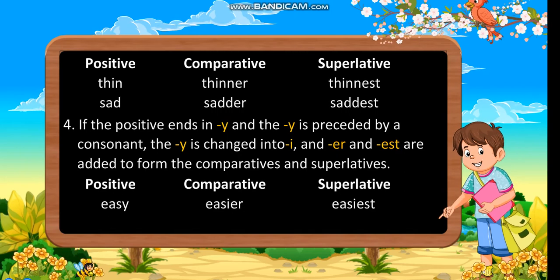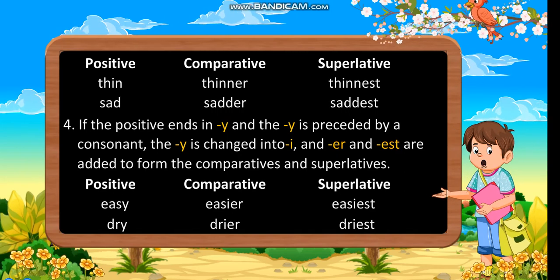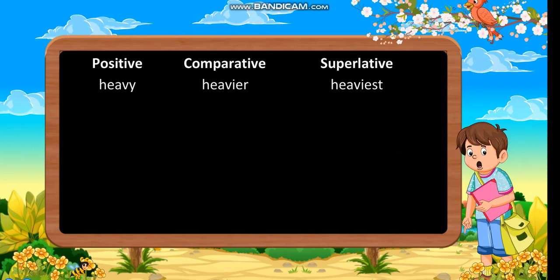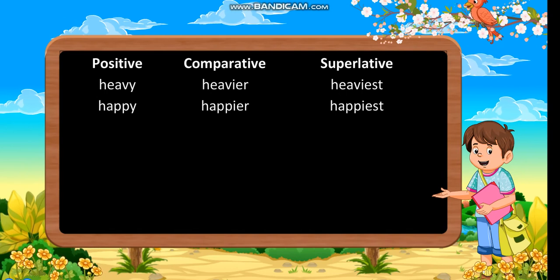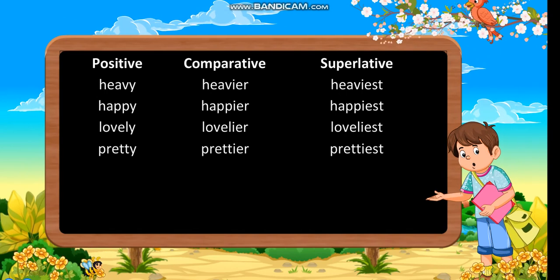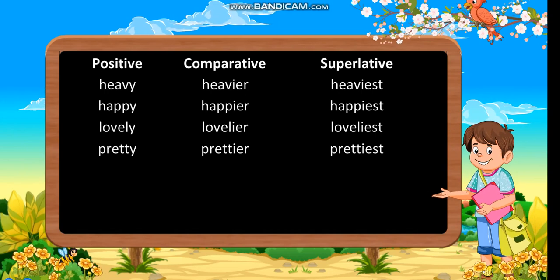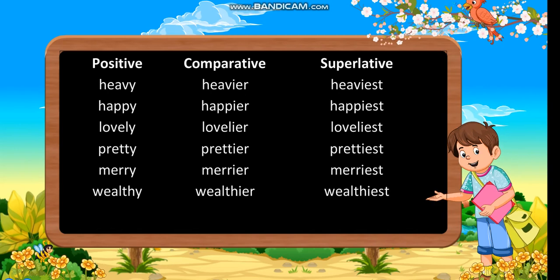Easy, easier, easiest. Dry, drier, driest. Heavy, heavier, heaviest. Happy, happier, happiest. Lovely, lovelier, loveliest. Pretty, prettier, prettiest. Merry, merrier, merriest.